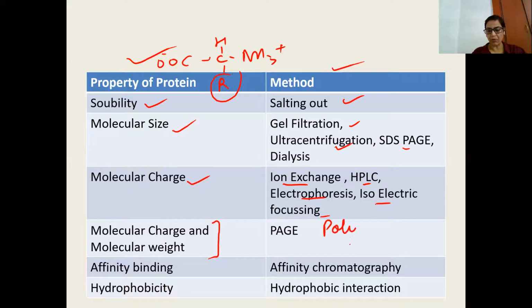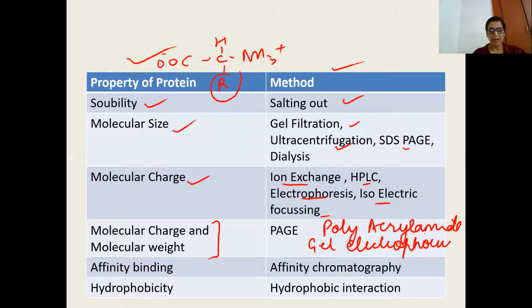PAGE stands for polyacrylamide gel electrophoresis. If we talk about affinity binding, it is affinity chromatography. If we talk about hydrophobicity, it is hydrophobic interaction. So these are some of the properties of proteins and the methods employed to separate them.